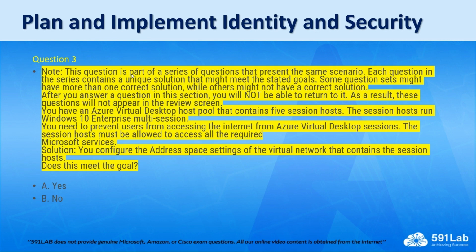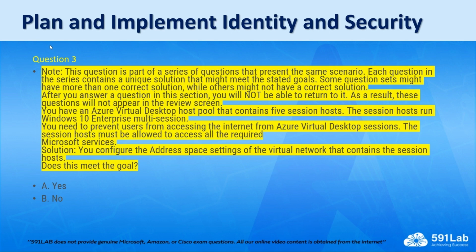You have an Azure Virtual Desktop host pool that contains 5 session hosts. The session hosts run Windows 10 Enterprise multi-session. You need to prevent users from accessing the internet from Azure Virtual Desktop sessions. The session hosts must be allowed to access all the required Microsoft services.